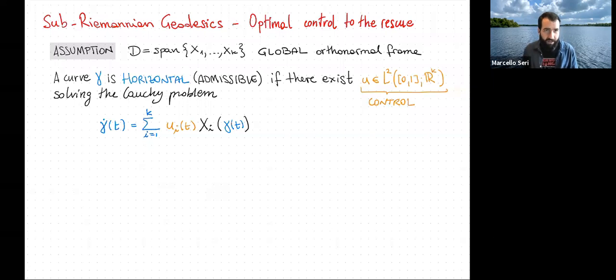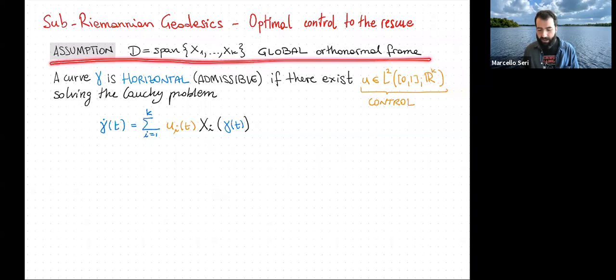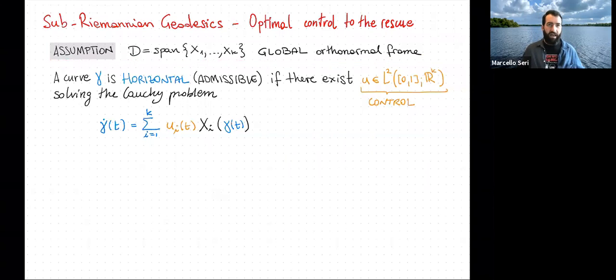Now I'm making a big assumption. I don't want to get into technicality, so I'm saying that D is the span of X1 to Xk. It's global, everything is nice, and k is smaller than the dimension of our manifold. So the manifold has dimension m, the distribution has dimension k.